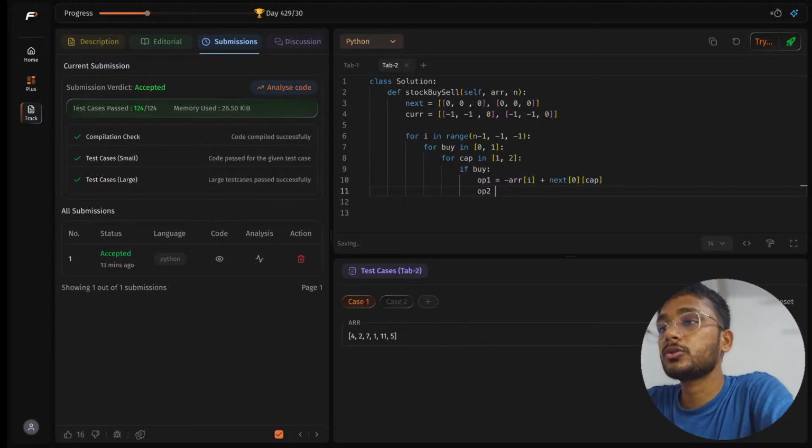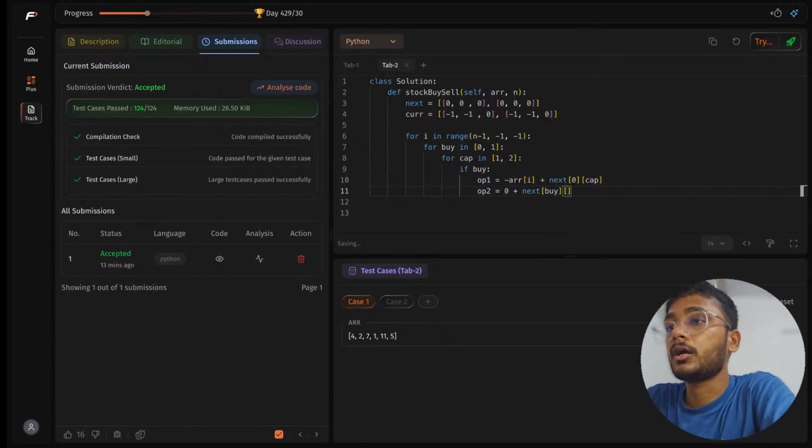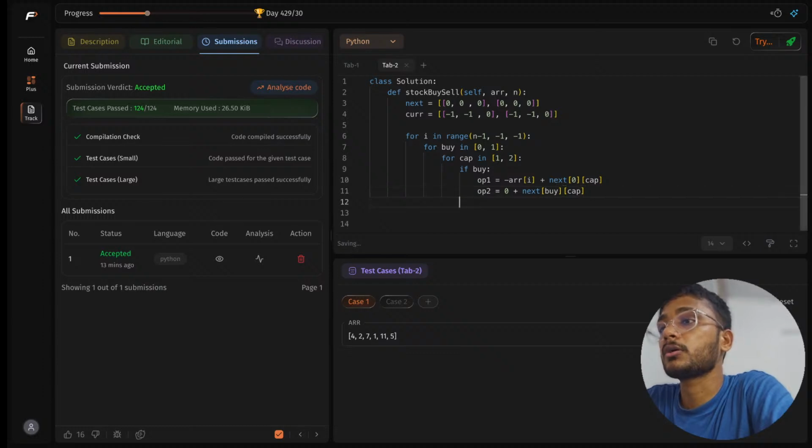Okay, option 2 is where you are not taking anything, not buying or selling, so next will remain 1 only, or you can say buy only, and 1. Capacity will remain capacity because you are not paying.